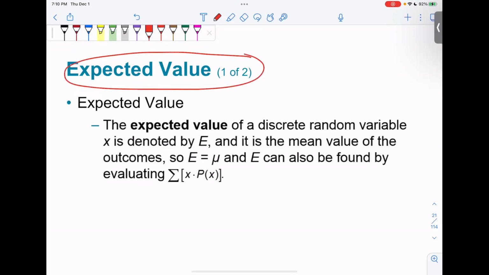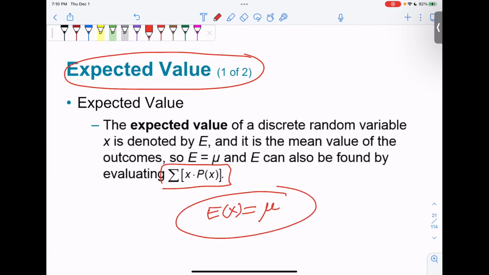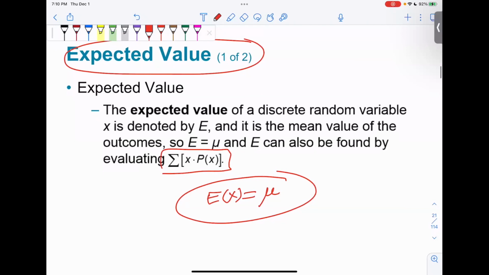Expected value is exactly the same as mu. So expected value equals mu. We can call it E, so E of this variable X will equal mu.